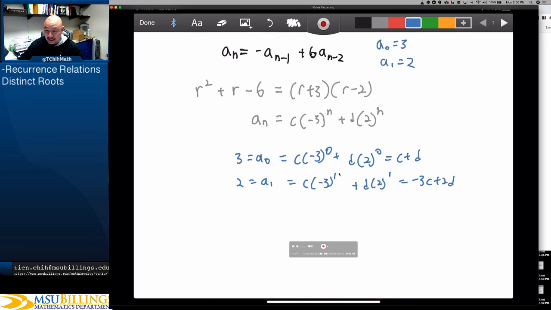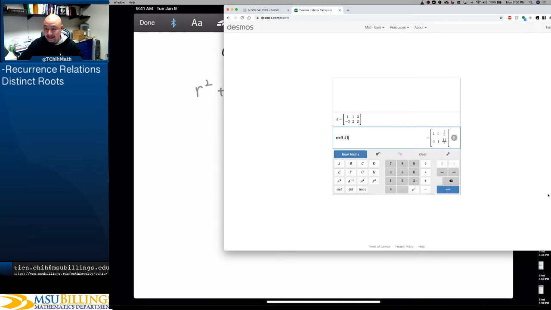And let's take a look at what that output looks like. So it looks to me like we have a C value of 4/5 and a D value of 11/5. We could also choose to write it in its decimal form of 0.8 or 2.2.